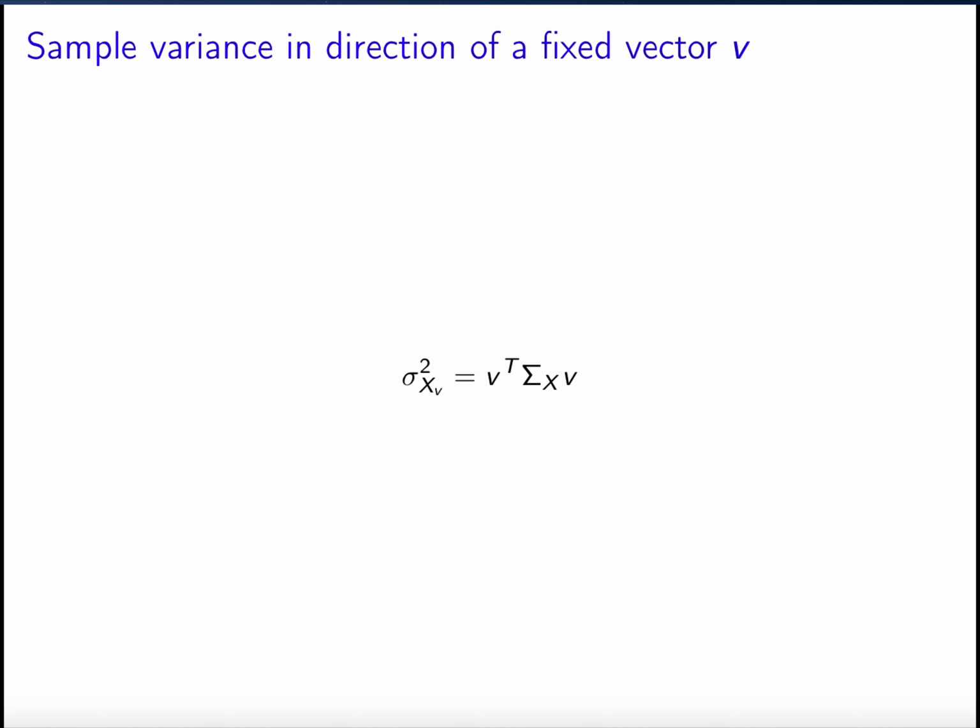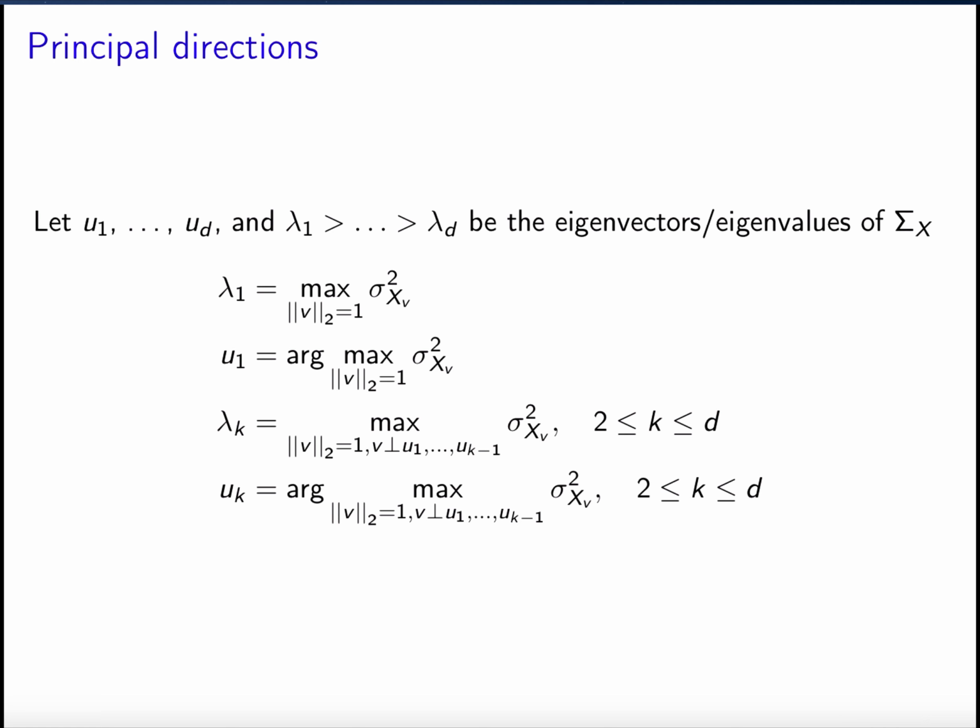Remember that the sample variance in the direction of a fixed vector v is computed with this quadratic form, where we apply v on the left and the right to the sample covariance matrix. By, again, the spectral theorem for symmetric matrices applied to the sample covariance matrix, we get that the maximum sample variance is going to be attained in the direction of the first principal direction obtained by computing the eigendecomposition of the sample covariance matrix.